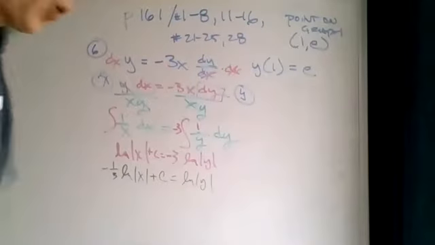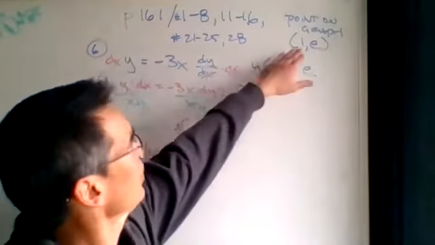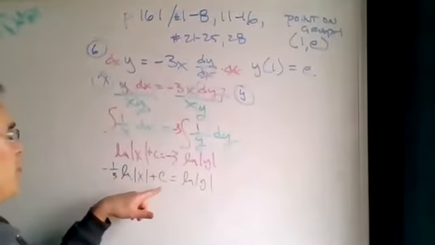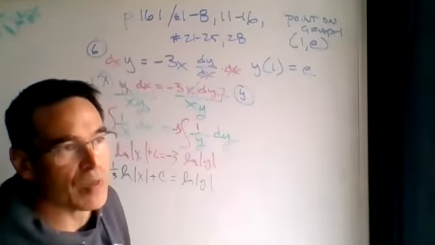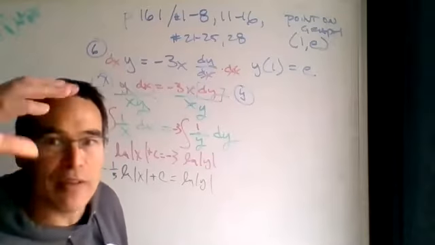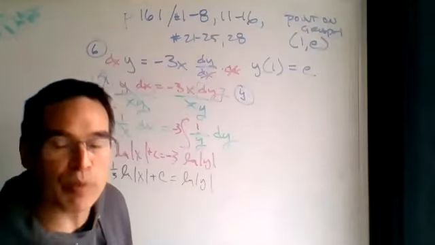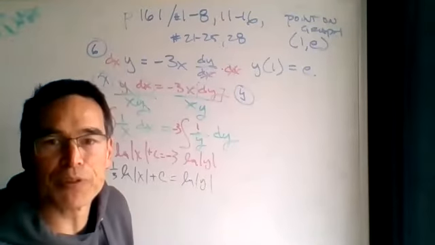Okay, so before I do this, what I typically do is, if I have a point and I've now integrated, I'm going to solve for c right now. If you look at the chart that Gary put together for this section, right at the top of the first page, here's your procedure for solving differential equations by separation of variables.